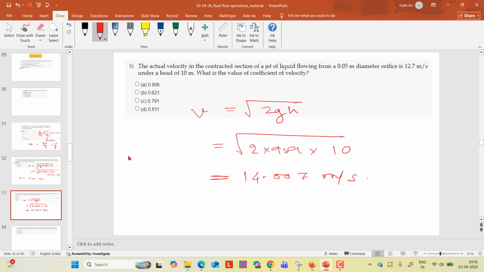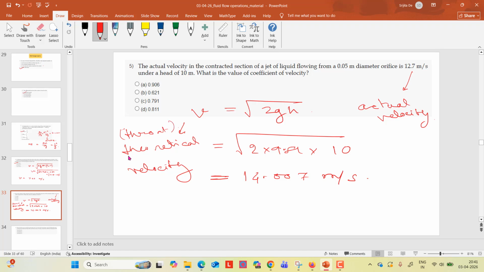So this is the theoretical velocity, and what is given is the actual velocity. Theoretical velocity or throat velocity also you can call it.